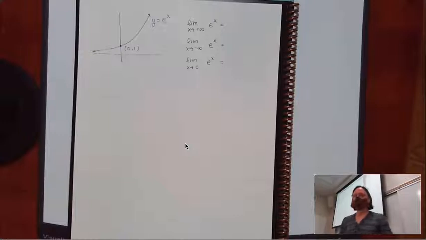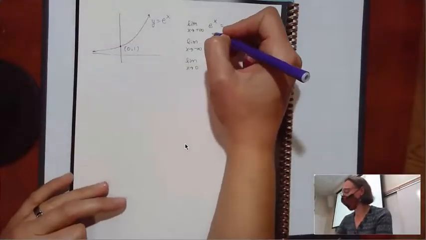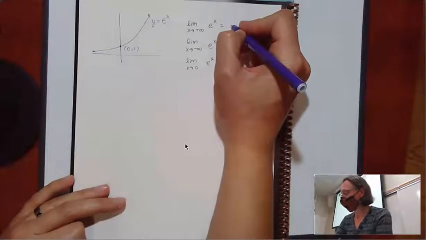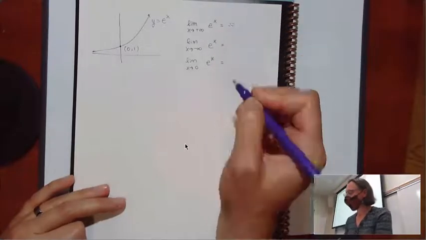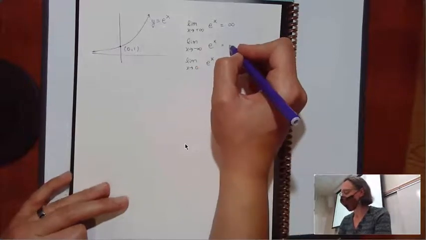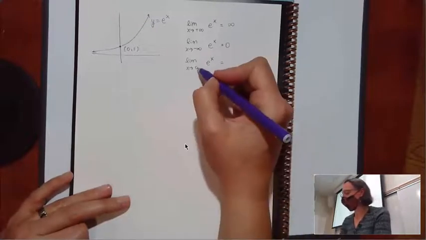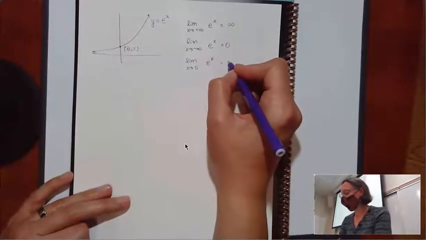How are we doing? Got answers for all of them? What's the limit as x approaches positive infinity of e to the x? Totally. How about the limit as x approaches negative infinity of e to the x? And the limit as x approaches 0 of e to the x is 1.